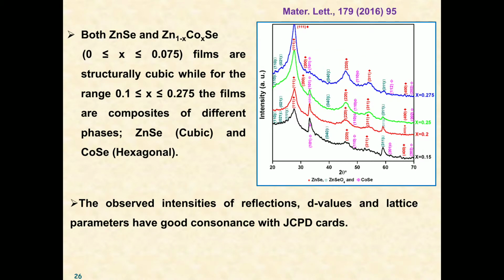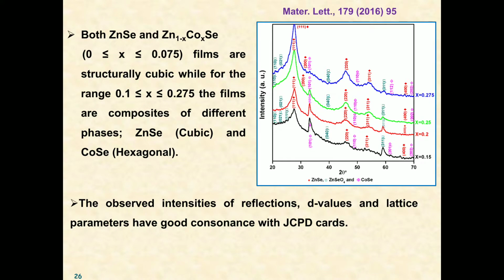From XRD studies, we noted that both ZnSe and ZnCoSe films are structurally cubic, while in the range 0.1 ≤ x ≤ 0.275 the films are composites of different phases. The phase of ZnSe is cubic and the phase of CoSe is hexagonal.